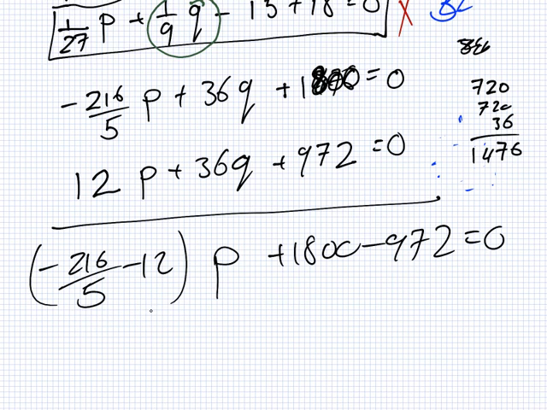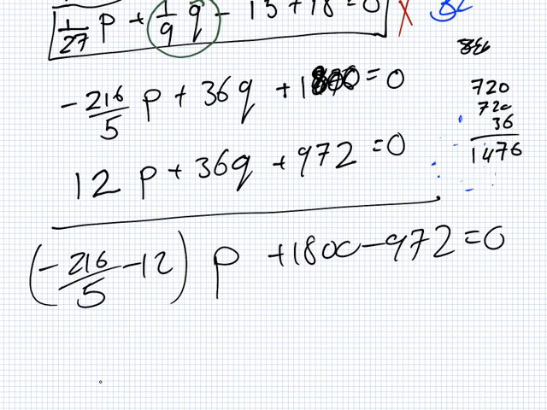Guys, you have calculators. Help me out here, would you? Minus 216 over 5 minus 12, what's that? How is it taking so long to type this in?